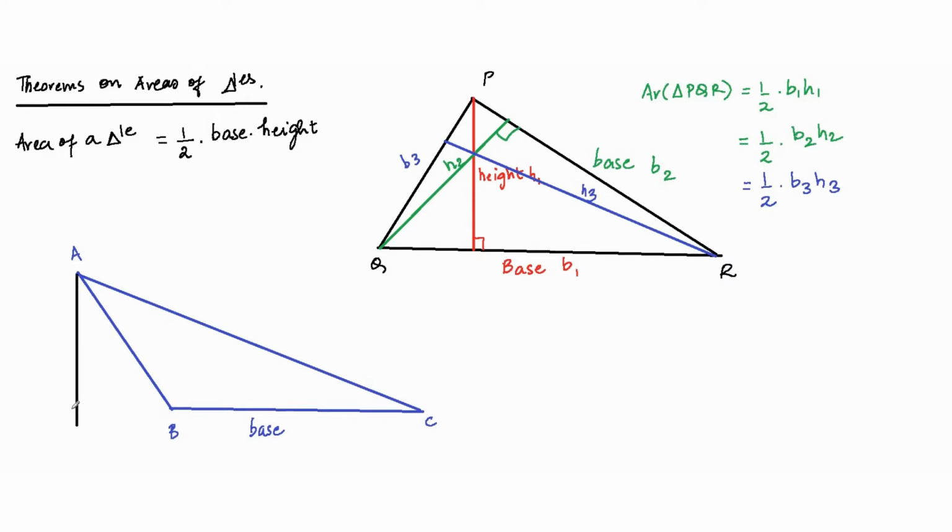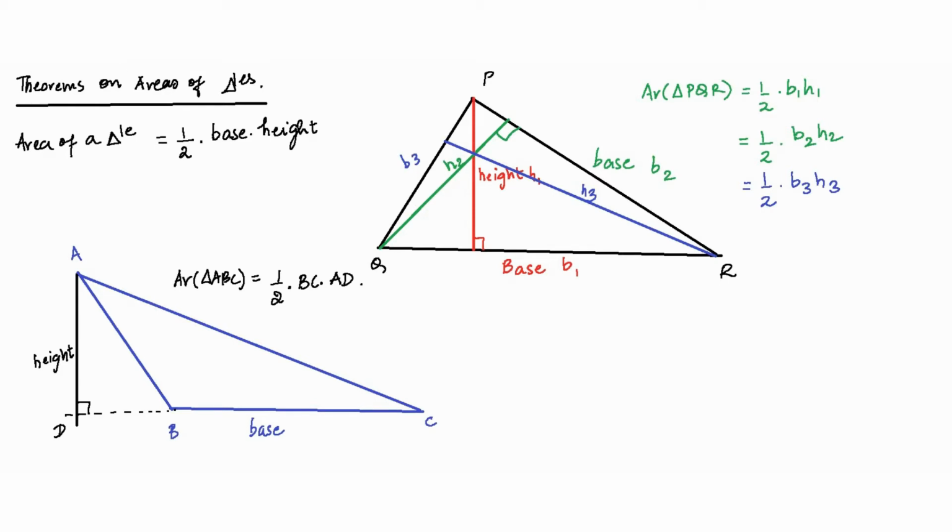So this is the base and this is my altitude. This is the height, correct? So if I mark this point as D, the area of triangle ABC will be given as half into base BC multiplied by the height AD, right? So this gives me the area of the triangle ABC.